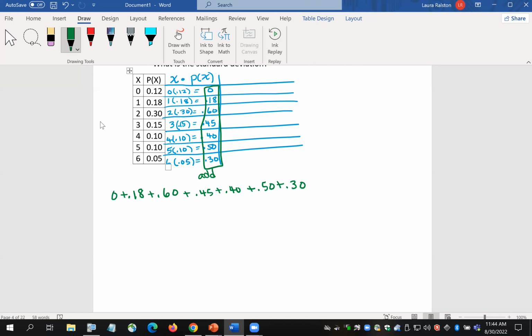I'm going to use my handheld so I can see the numbers. So I have 0.18 plus 0.60 plus 0.45 plus 0.4 plus 0.5 plus 0.3, which gives me 2.43. So the mean time that someone would stay is roughly 2.43 years.